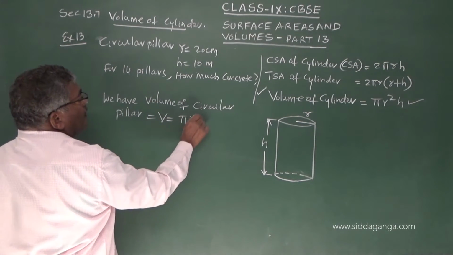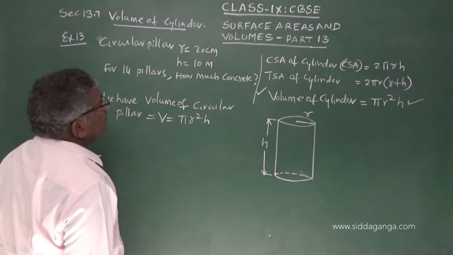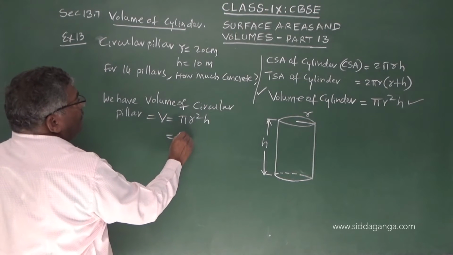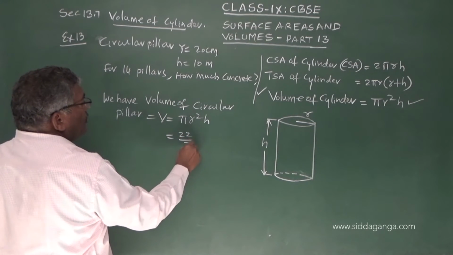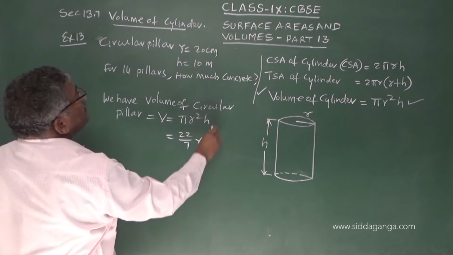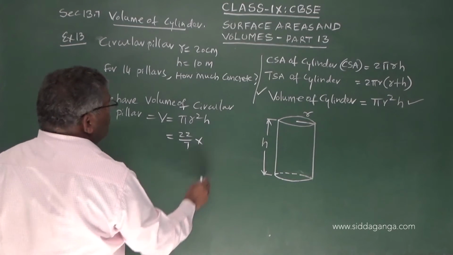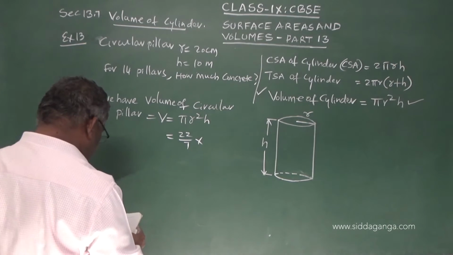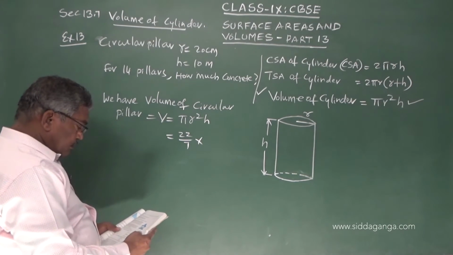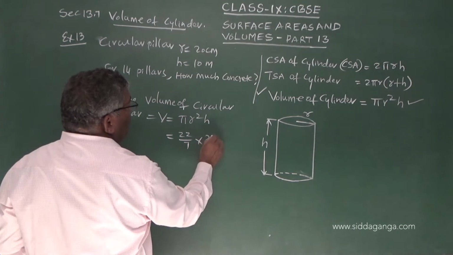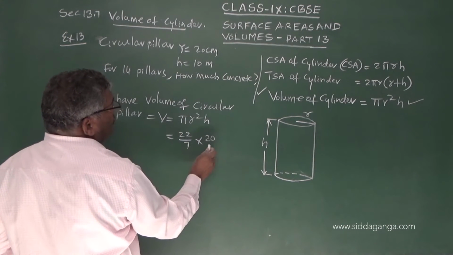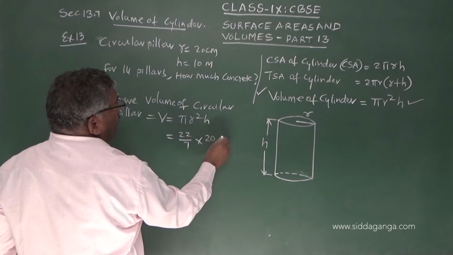pi r square h. So volume will be equal to pi is 22 by 7, r is 20 centimeter.